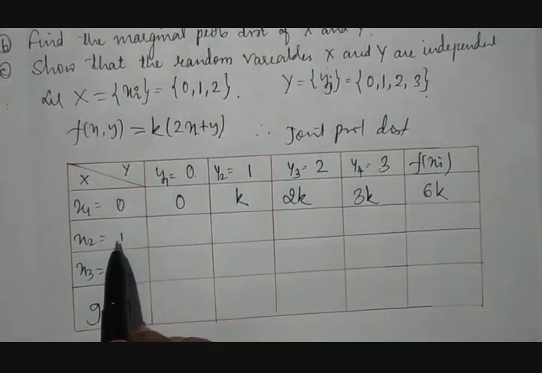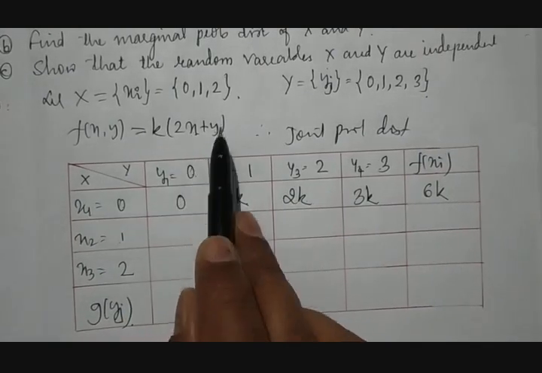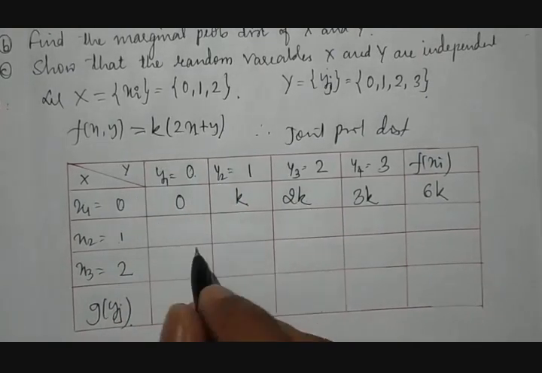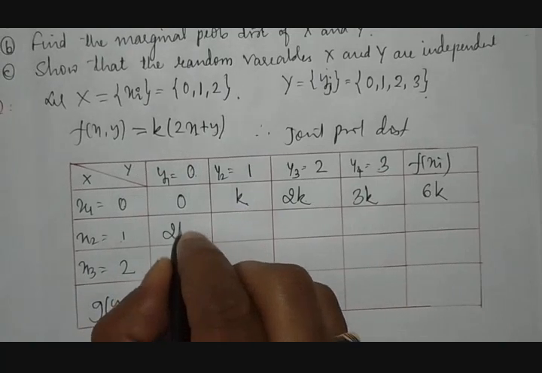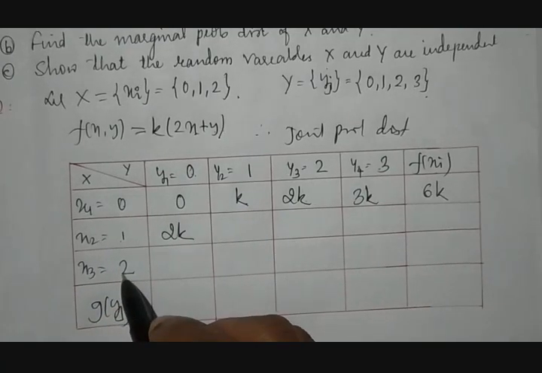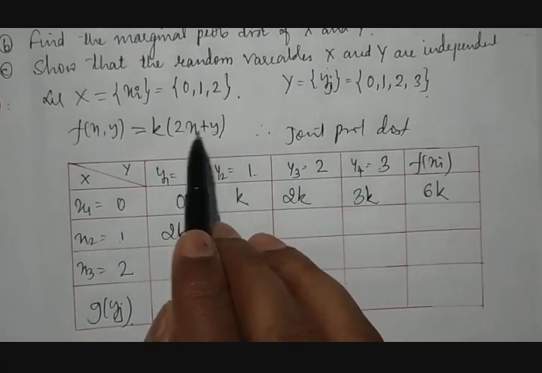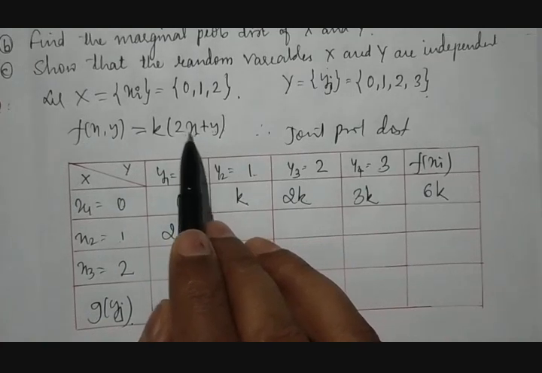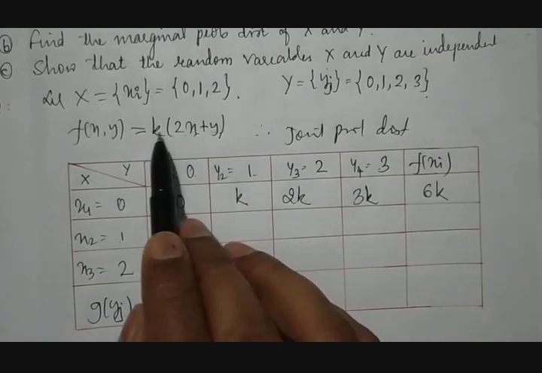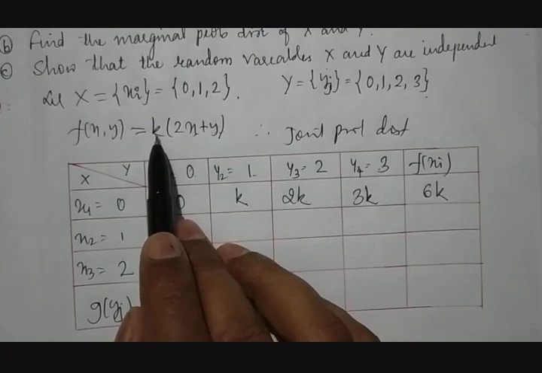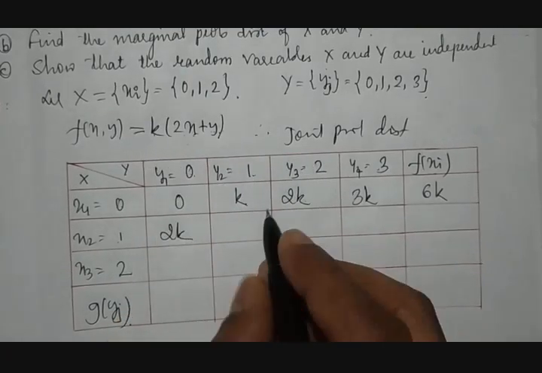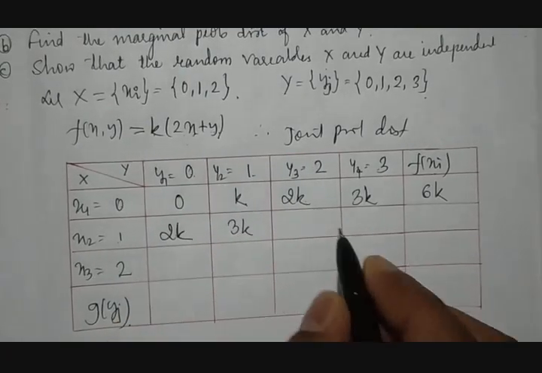Similarly, if you put x equal to 1 and y equal to 0, then it is 2 into 1, so it becomes 2k. Similarly, if you put x equal to 2 and y equal to 1, then it is 2 into 2, 4 plus 1, 5, so it is 5k.